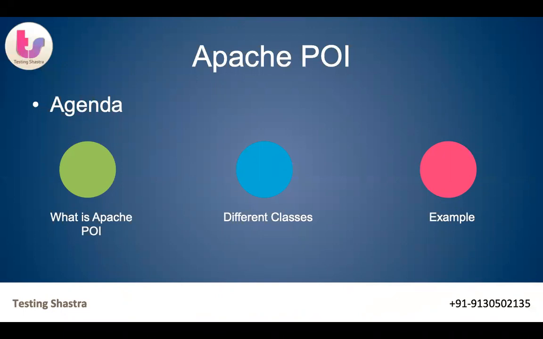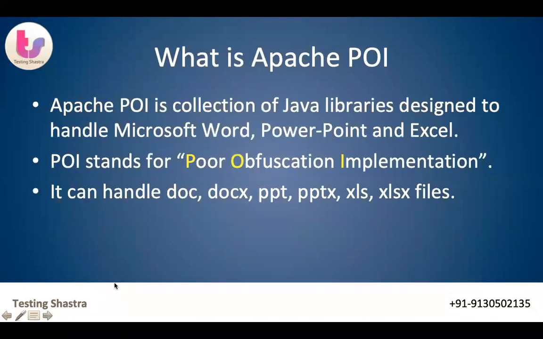So what is Apache POI? Apache POI is a collection of Java libraries designed to handle Microsoft Word, PowerPoint, and Excel files. In short, POI stands for Poor Obfuscation Implementation.